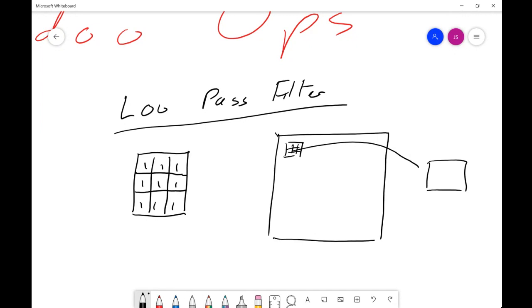So make it a bit bigger perhaps. So that pixel there is equivalent to the center pixel there. And for very simple exam questions, a 3 by 3 window will give you 1 pixel at the center.